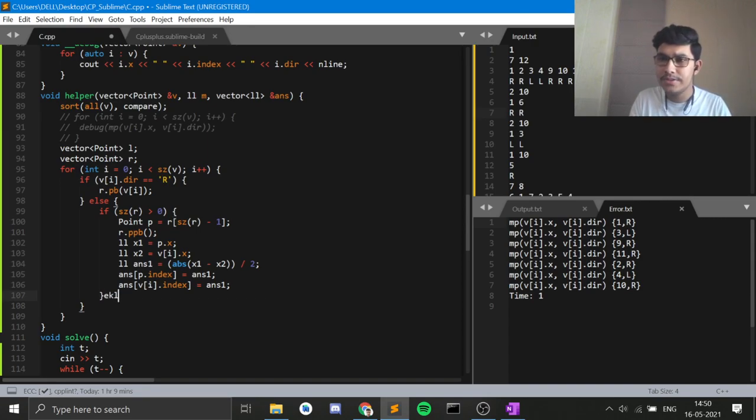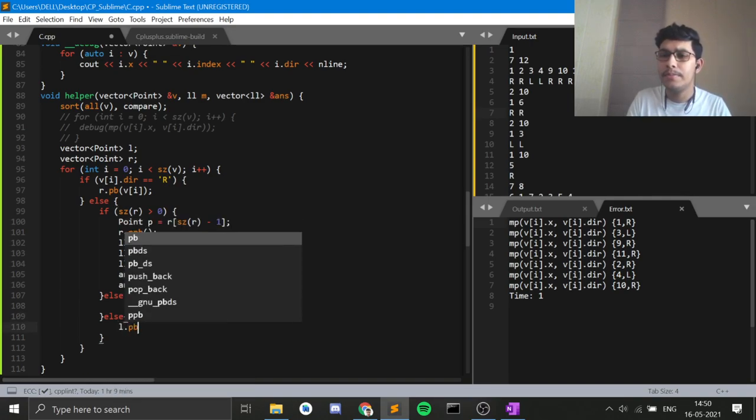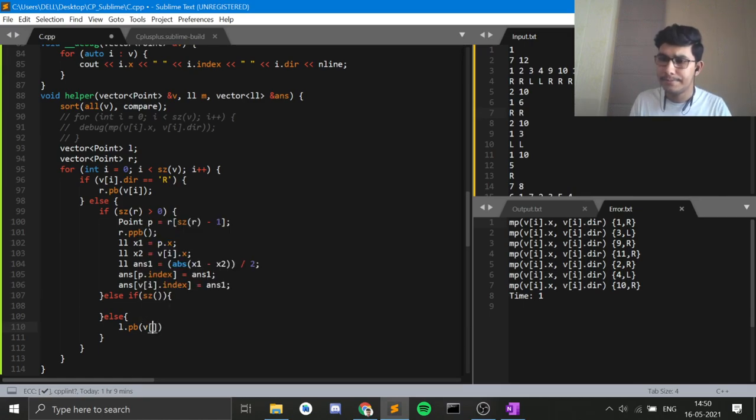Else what do we do? Else we check for the left one. If size, else we just insert it. I dot push back b at I. Okay. So how do I calculate the distance in this case?